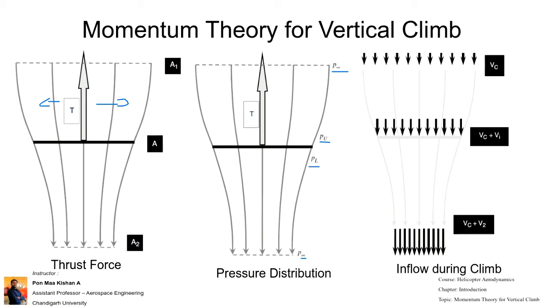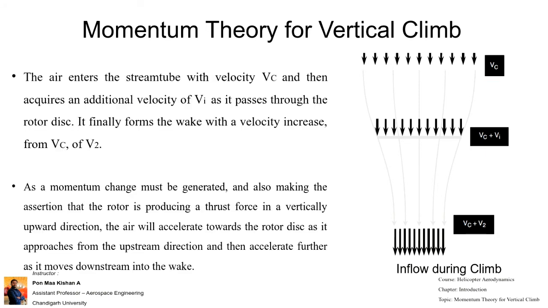The flow enters the stream tube with velocity VC, gains an additional velocity VA as it passes through the rotor disc, and finally forms the wake with the velocity increased from VC to V.